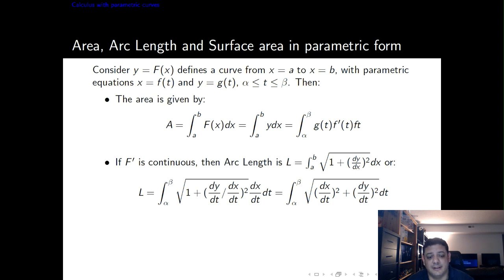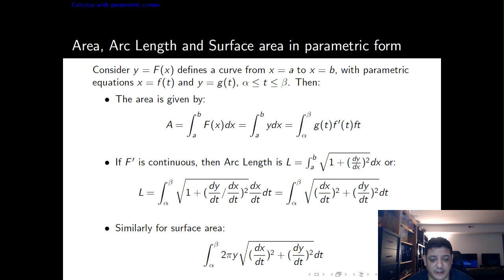And so simplifying that and changing dx to dx/dt times dt, we can see that this gets simplified to the integral from alpha to beta of just the square root of (dx/dt) squared plus (dy/dt) squared, and we're integrating all that with respect to dt. So it's a very simple formula for arc length as well.